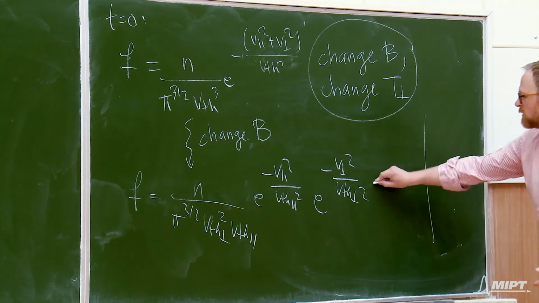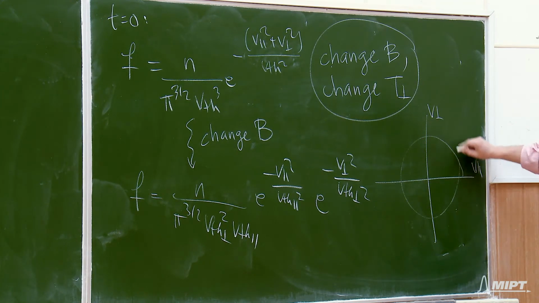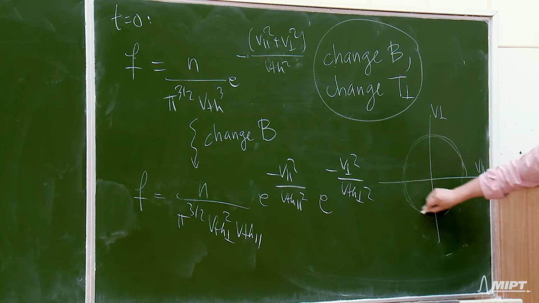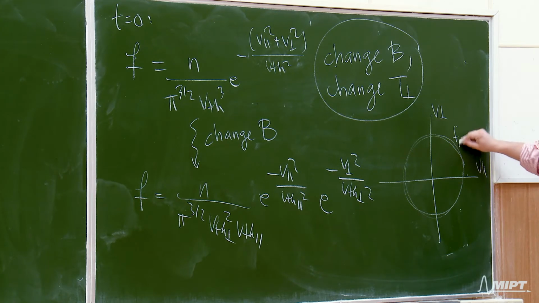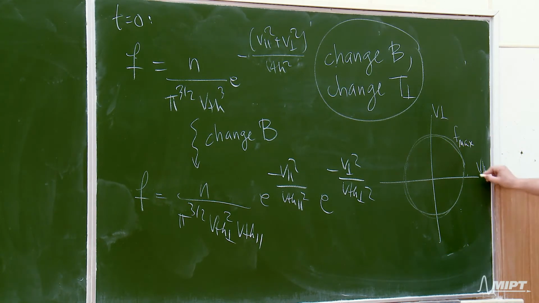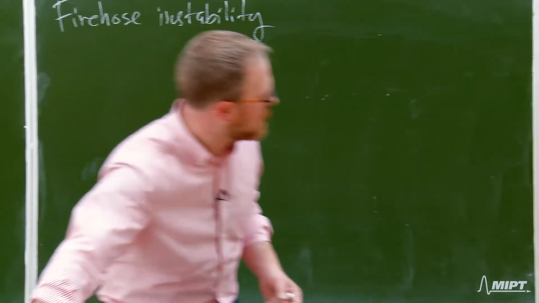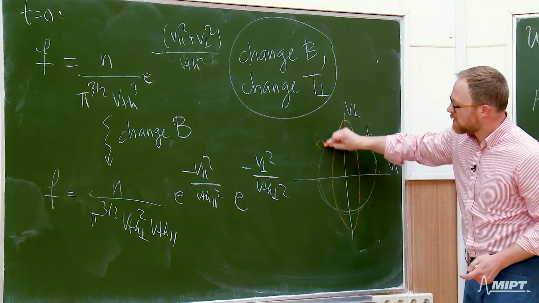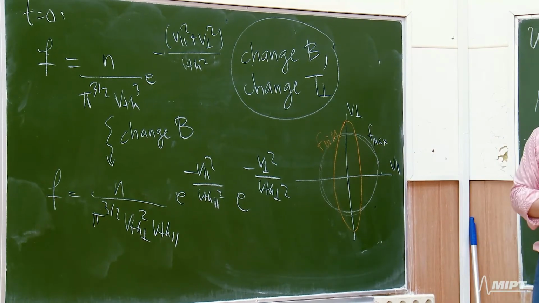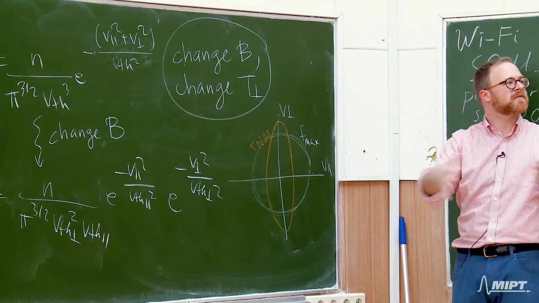So if I had contours, that's not a circle. So if this is Maxwellian, that's a bi-Maxwellian. There's two different directions, which have two different temperatures. The widths of the Gaussians are different in different directions.